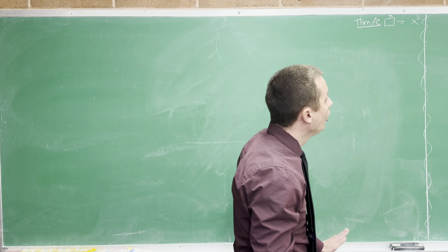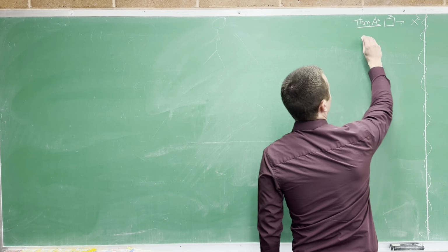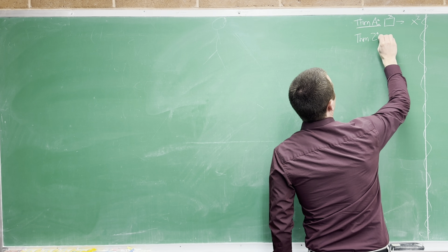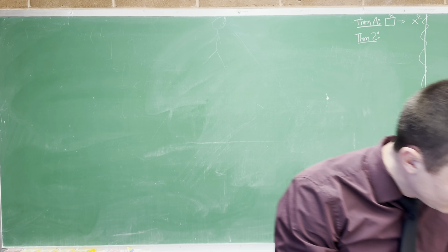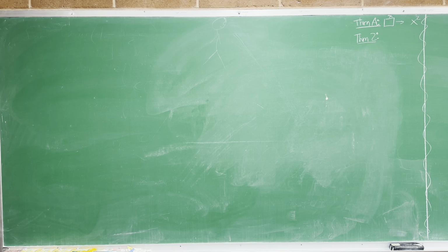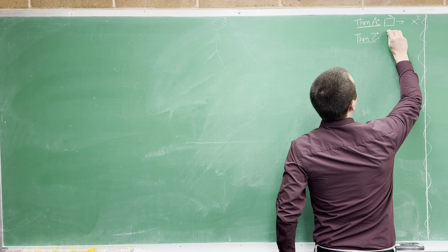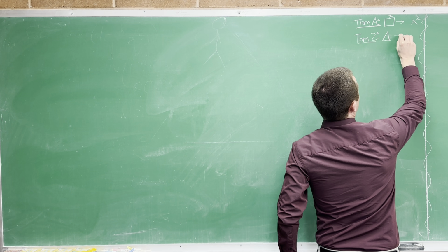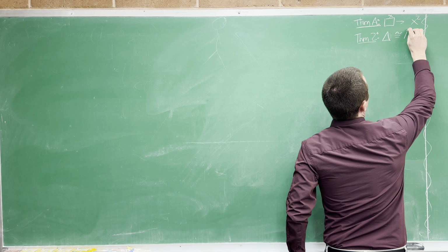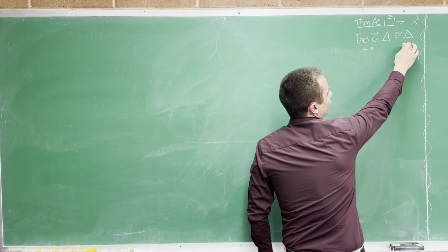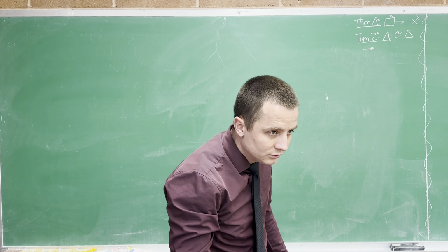Okay? Our next theorem. This one now in your book is Theorem 2. I can't remember which order for these next two. Okay, this one is your triangles. So, if this triangle is congruent to this triangle, then the area of that triangle is equal to the area of that triangle.